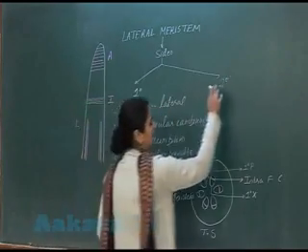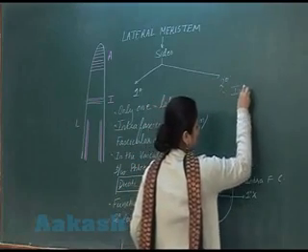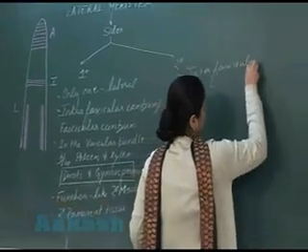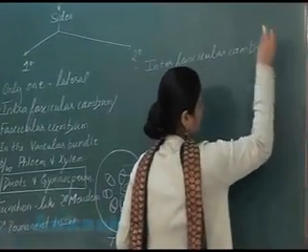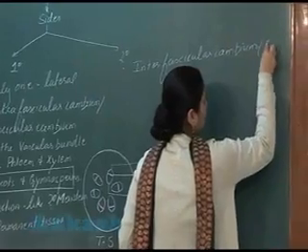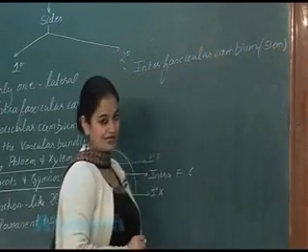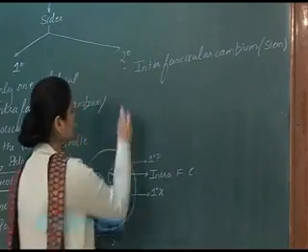Now the secondary meristem, the example here is interfascicular cambium formed in the dicot stem. One example is interfascicular cambium formed in the dicot stem.